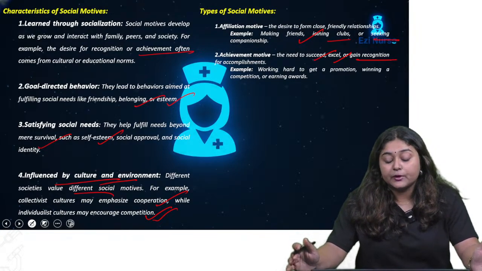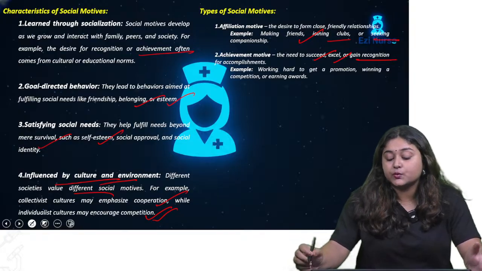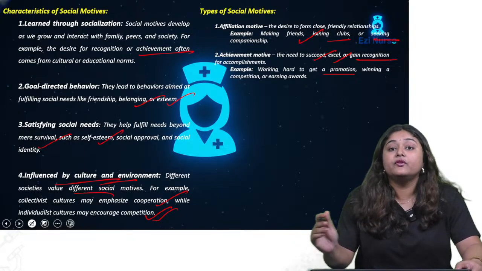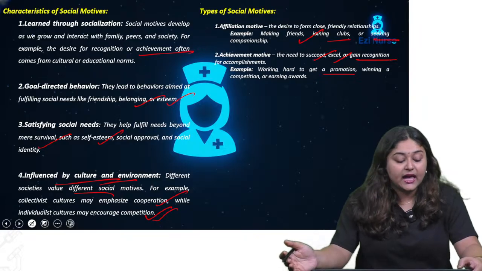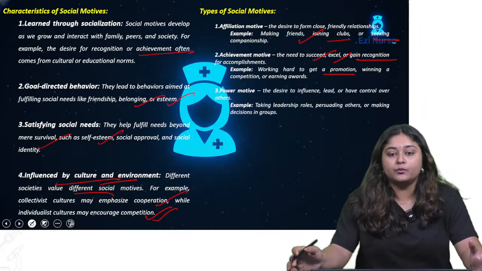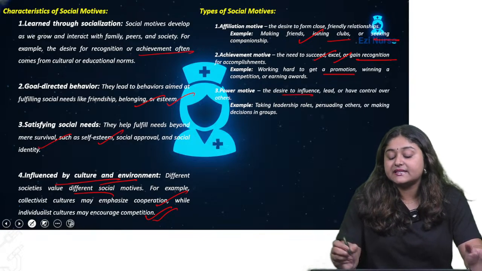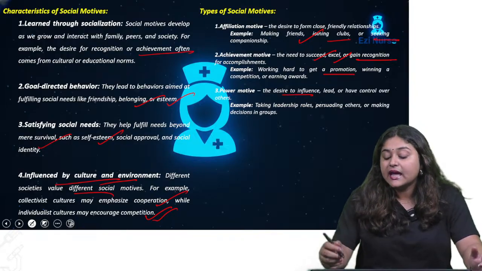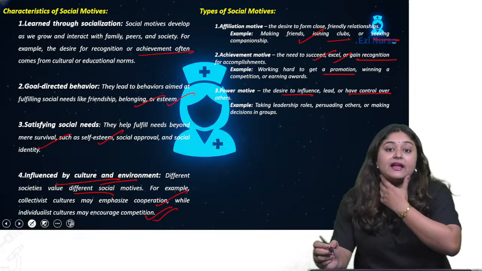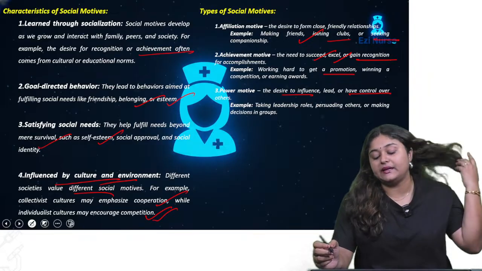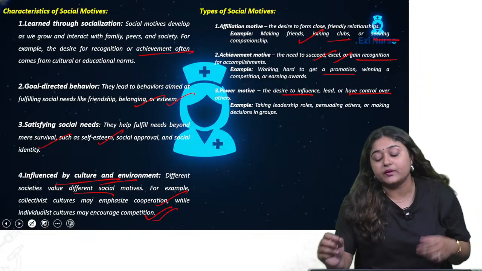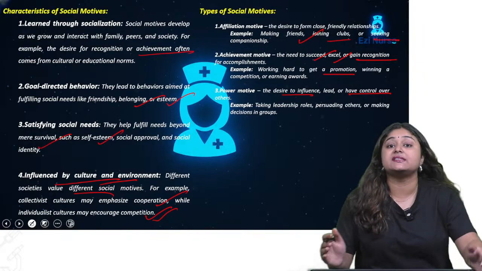What is the example for the achievement motive? Working hard to get a promotion, winning a competition or earning awards. Now come to the power motive. Power motive is mainly the desire to influence, lead or have control over others. What is the example? Taking a leadership role, persuading others or making decisions in a group.